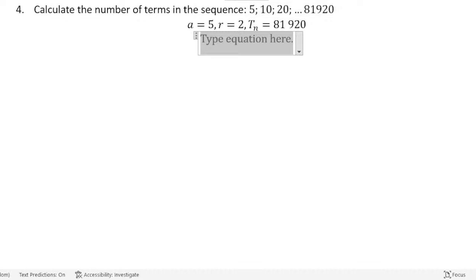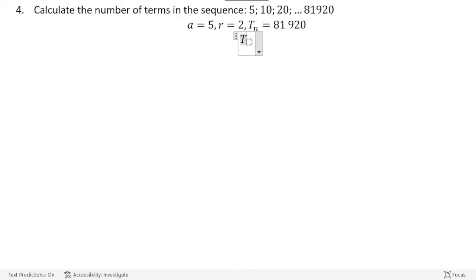So now let's write the general form of a geometric sequence. Tn, that one you know by heart. Tn is equal to a times r to the power n minus 1. Okay, let me just put a space in between. So then let's substitute our values.